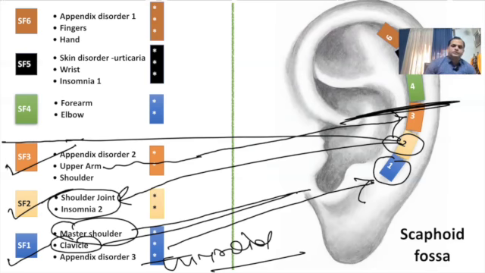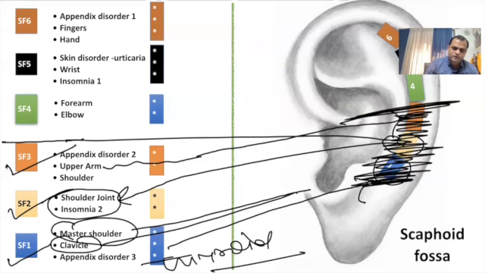So the meaning of SF3, all the part before the elbow we have finished. Elbow के ऊपर का जितना भी पार्ट था हमने SF3 तक फिनिश कर दिया.